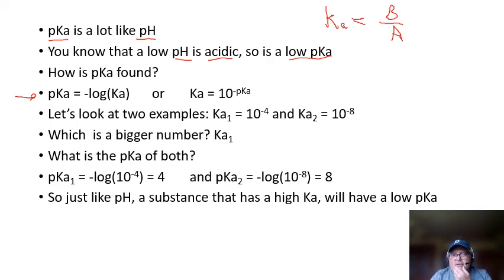Let's say Ka1 is 10 to the minus 4th, and Ka2 is 10 to the minus 8th. So which one of these two is a bigger number? Hopefully you can see that this number here is bigger than this number.